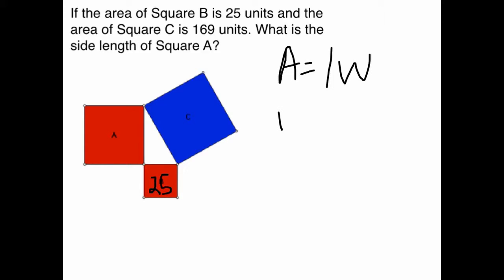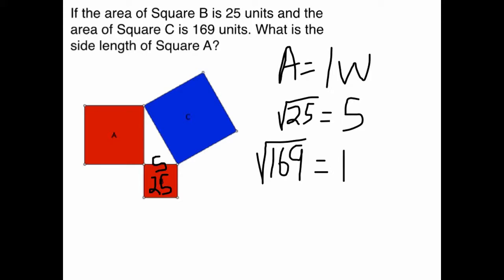So I'm going to take the square root of 25, which is 5, which means the side length of B is 5. Now I'm going to do the same thing with square C. If I take the square root of 169, that gives me 13, which makes sense because 13 times 13 is 169, and if 169 is the area, the side length must be 13.